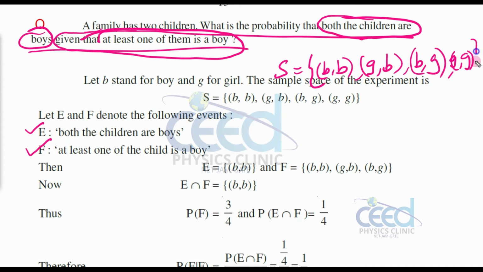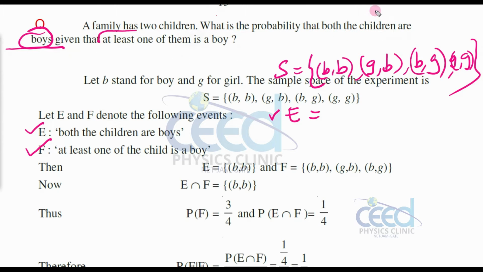These are the different combinations we have, right? Now what is E? E is defined as both the children are boys. In all problems, you select E as the event that we want to find. What is the probability that both the children are boys? This we want to find.